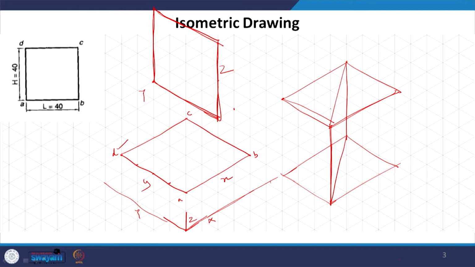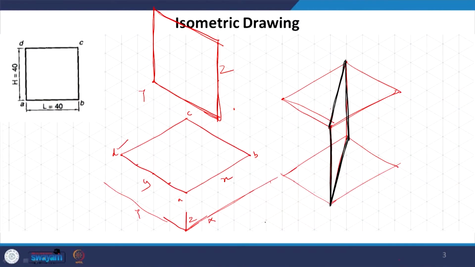This is the final plane in isometric, if it is perpendicular to the horizontal plane and kept at an angle with one of the other planes. It could be the other way around, there could be many possibilities. The only thing you have to remember very clearly here is, if it is a simple position, no problem.